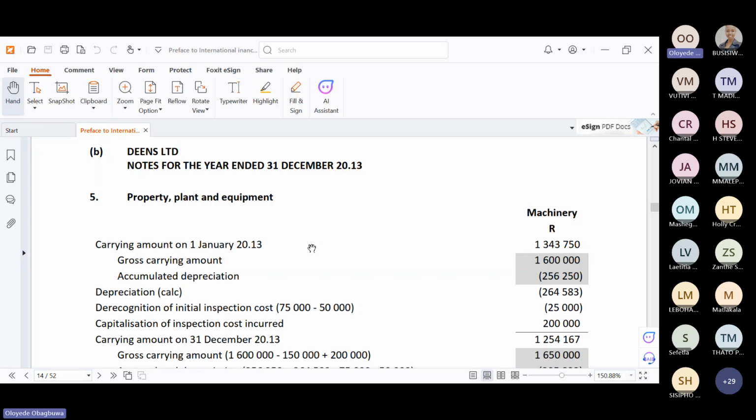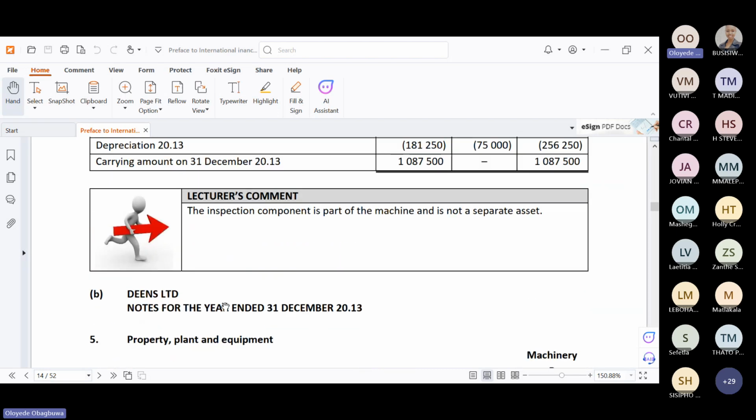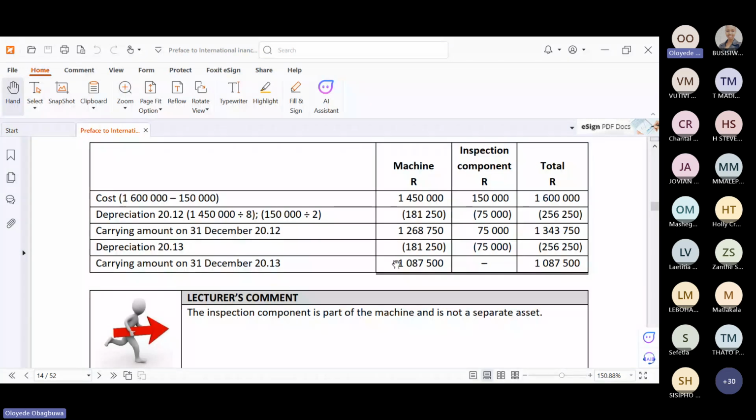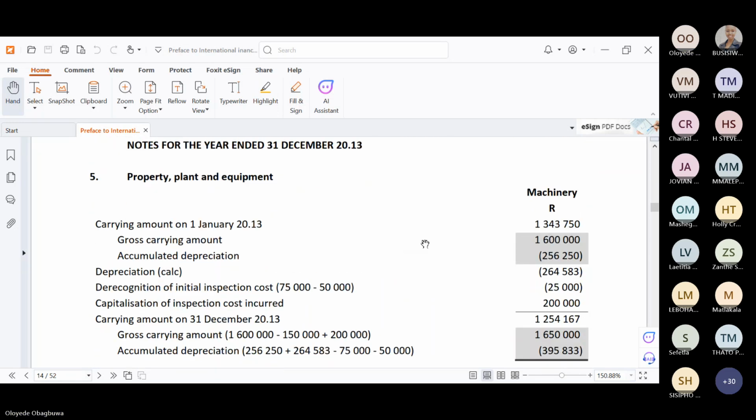the gross carrying amount of that asset is 1,600. The accumulated depreciation that we have, if you come to your depreciation you have calculated, you will see that the accumulated depreciation we have is 250.